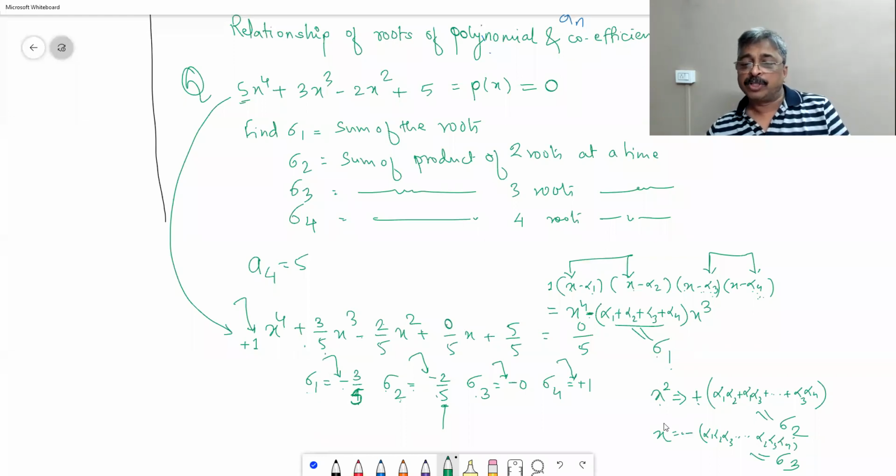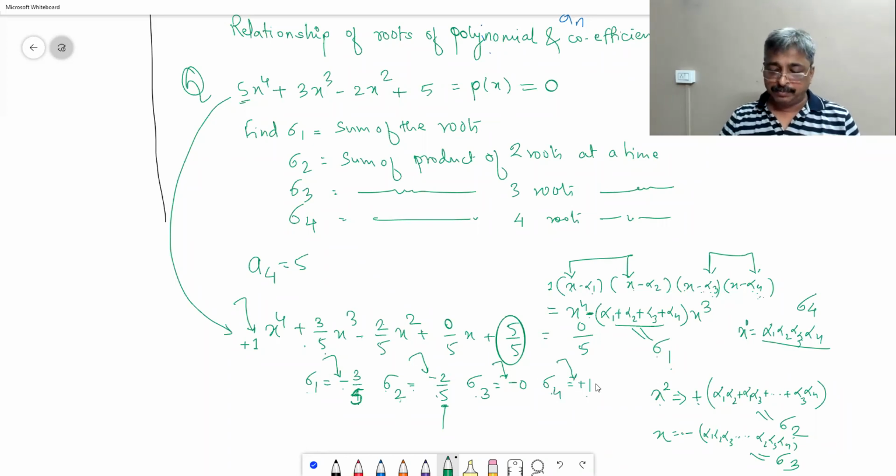And what is the constant, the coefficient of x raised to 0? Alpha 1, alpha 2, alpha 3, alpha 4. All of them come with a negative sign, hence the total is positive. This is the product of the roots. We call it sigma 4 in this case. Sigma 4 is equal to the constant, plus 1. That is how we got them.